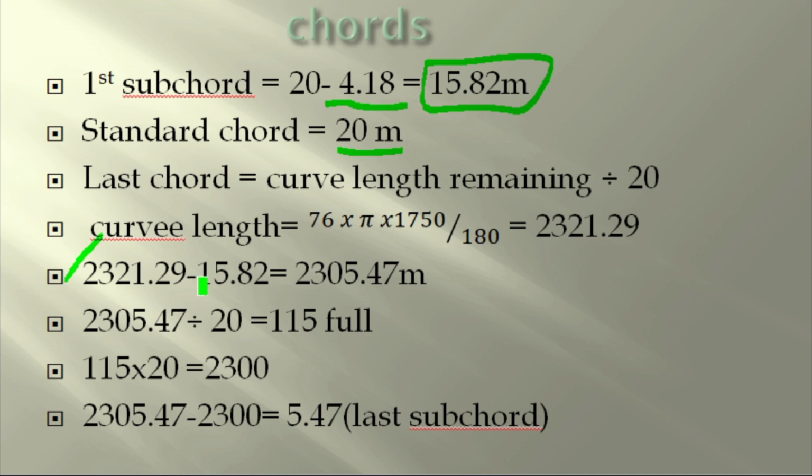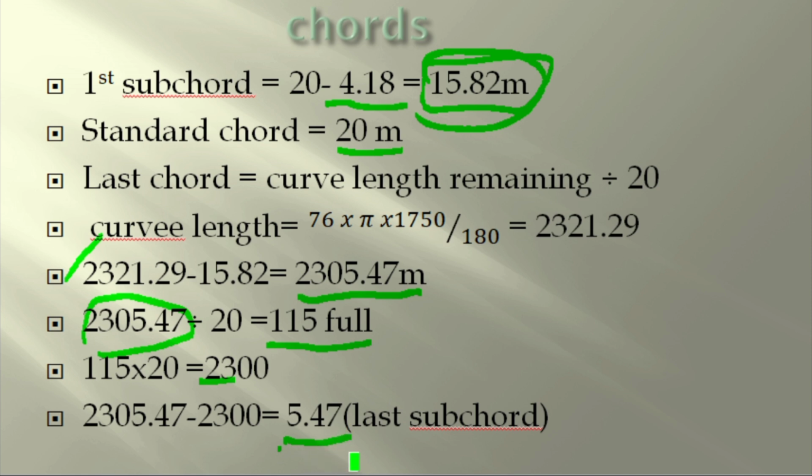By subtracting the distance which we had already gotten, 15.82 meters, we get the remaining distance covered on the curve as 2305.47. Again, we divide it by the full chords and I get 115 full chords. The remainder, obtained by multiplying the full chords and subtracting, gives the last subchord as 5.47.